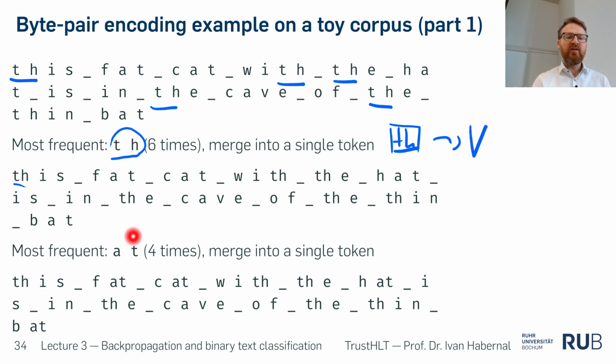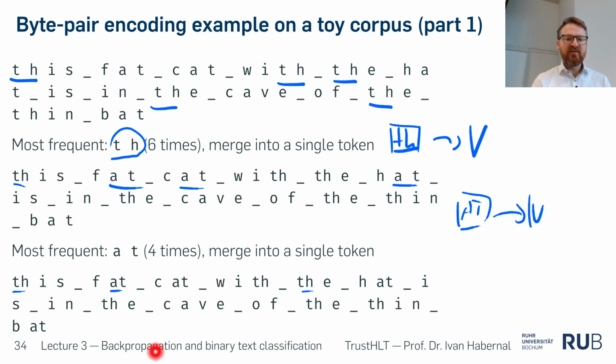And now we look, okay, what are the two most frequent combinations of two tokens? And this time it's going to be AT. So where's AT, AT, AT, and so on, 4 times. So again, we're going to merge them, which means AT as a single token is going to be added to the vocabulary. And again, we merge them, so TH, AT, TH, AT, and so on.